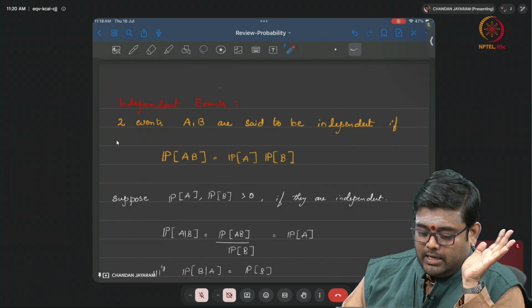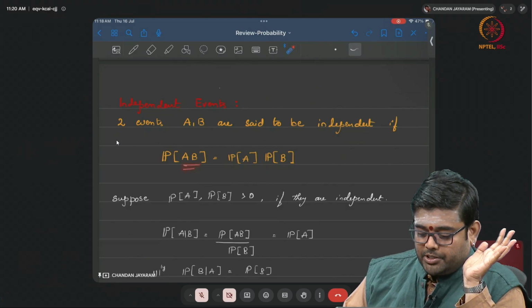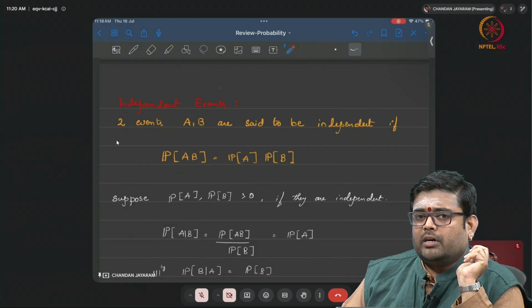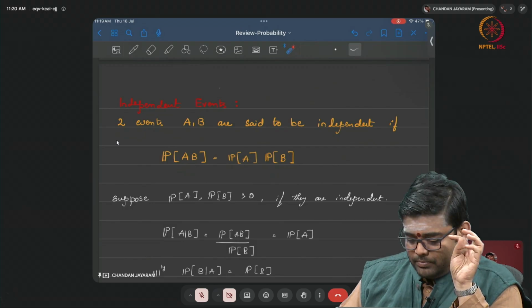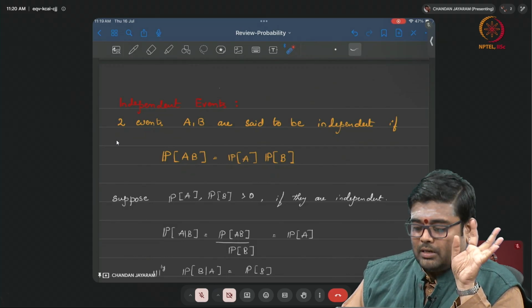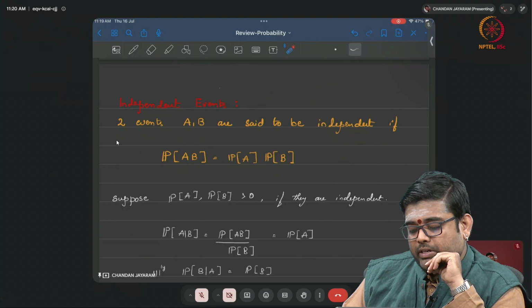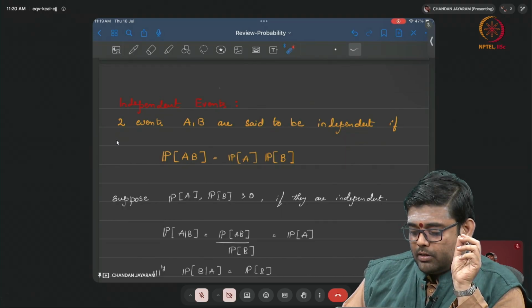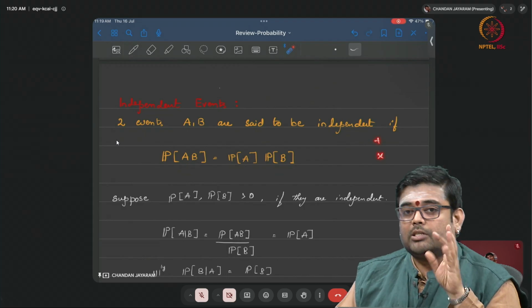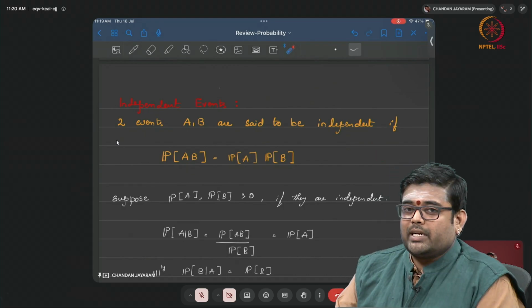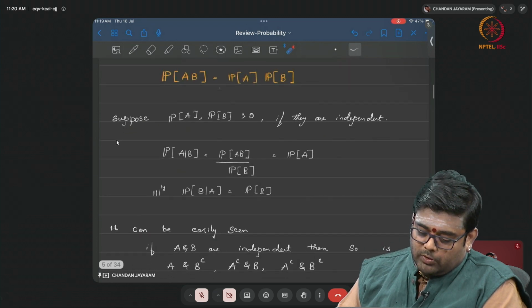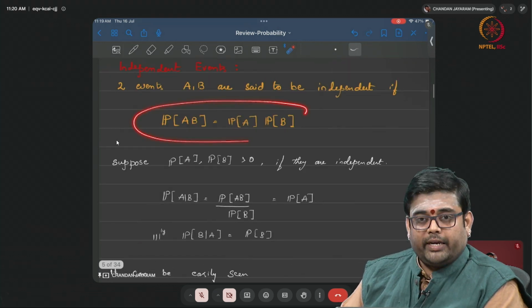See, here you are dealing with the intersection, and here you are dealing with the idea of multiplication. You can observe that whatever is union and intersection in the set space, in a way they correspond with the plus and the multiplication in the probability space. It's a nice observation to make. So this is the definition of independence.